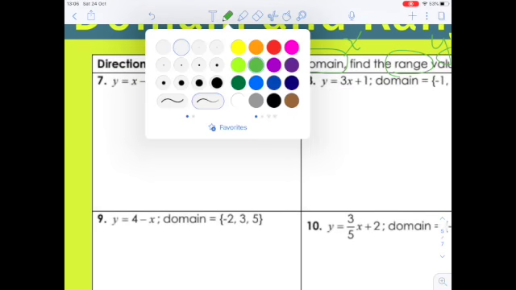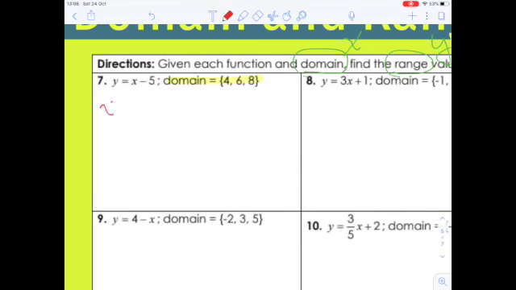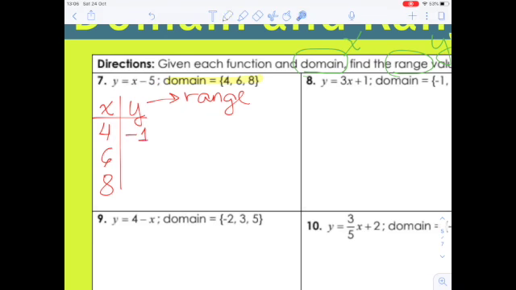We could even create a table, an xy table, because the domain are the x values. So this would mean that my domain or my x values are 4, 6, and 8. And now all I have to do is plug these values in and find the range, which is my y. So if I plug in 4, I get 4 minus 5, negative 1.